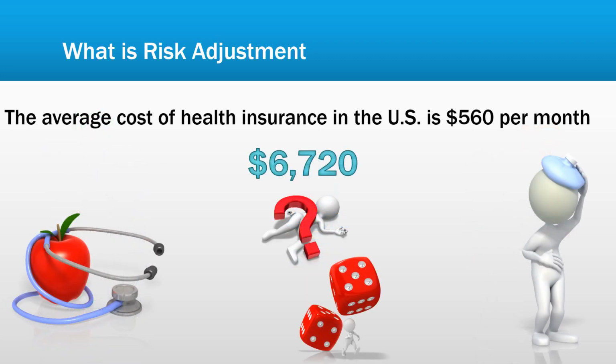And so the average cost of health insurance in the U.S. is $560 per month, and that annualizes to $6,720.